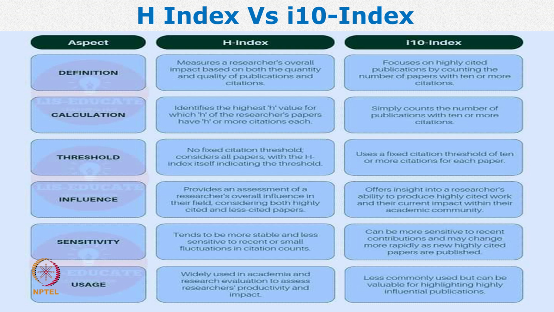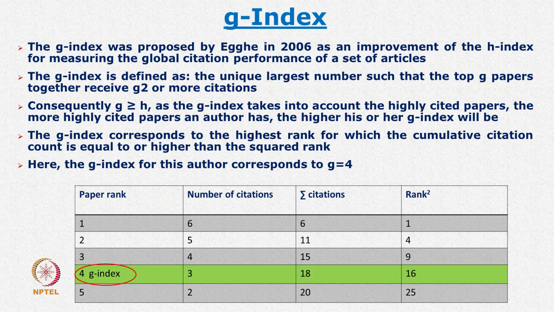Although by now we have understood the difference between the H index and the I10 index, this slide will give you more clarity and a detailed analysis of the difference between the two using different parameters. There is a G index as well, which is not a very popular one.